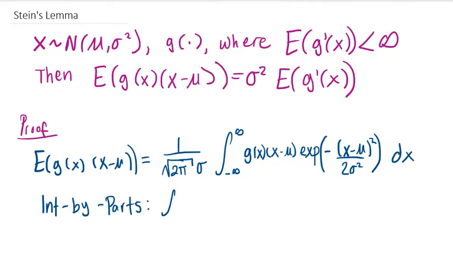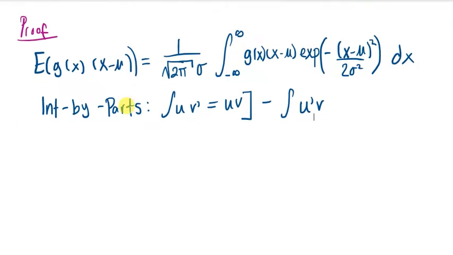And to evaluate this, we're going to use integration by parts, where we have an integral from u, derivative of v is equal to u v evaluated at the integral bounds, minus the integral from derivative of u times v. For this particular formula, we're going to have u equal to g of x. So the derivative of u is just equal to the derivative of g of x.